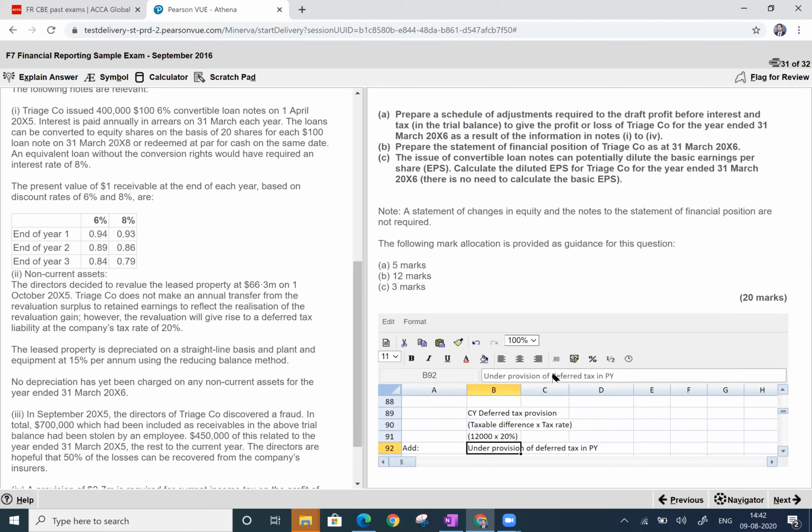We have done lots of questions regarding provision for income tax, so please go and revise it. 12,000 into 20%. You will get current year tax charge 2,600. Tax charge in SOPL 2,600. This we have to show in SOPL. Done.